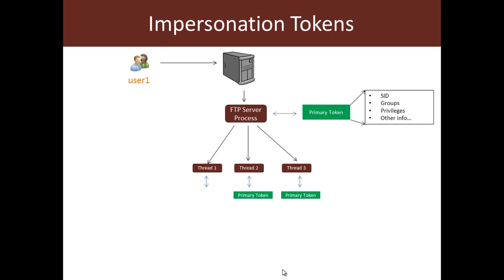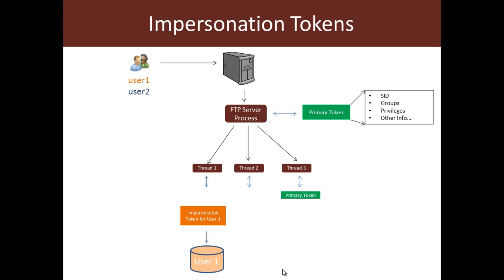This is done by creating an impersonation token for user 1. Thread 1 uses this impersonation token, which is created after user 1 authenticates using his credentials, and is then able to access anything which user 1 is allowed to access.